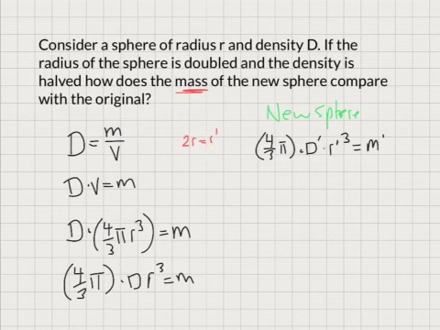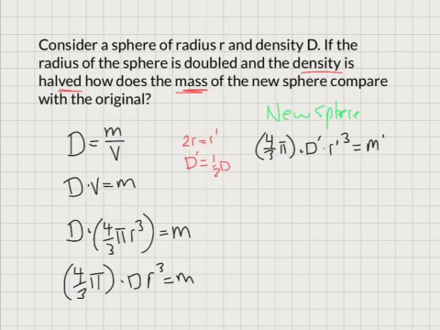And also, the density is halved. So basically the density of the new one, density prime, equals half the original density.